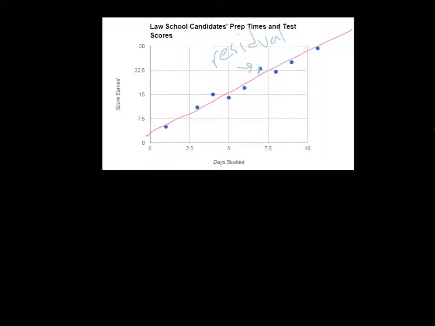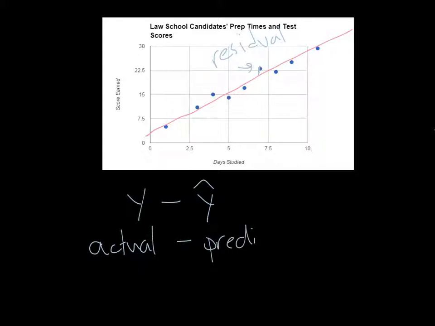And the formula is very, very easy. It's y minus y hat. Or in other words, the actual y value of the dot minus the predicted value of the dot. Right? This is the dot. This is the line. So very easy formula.